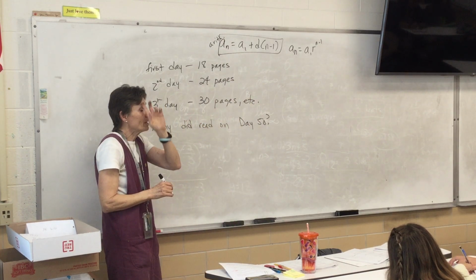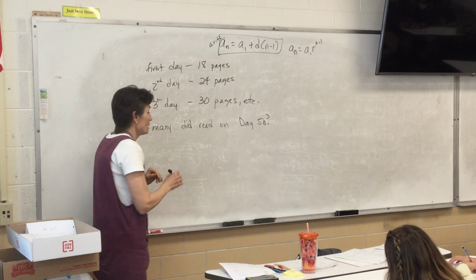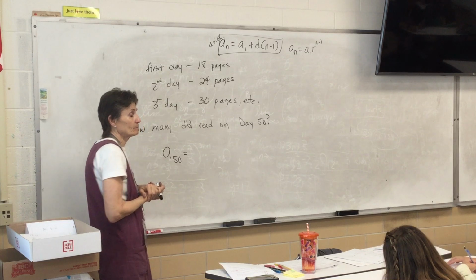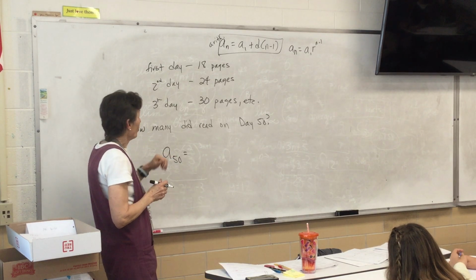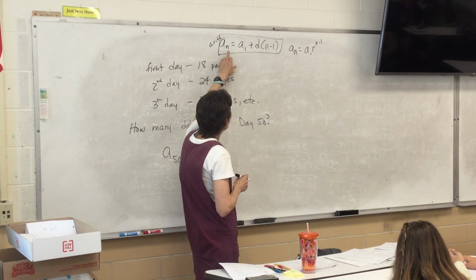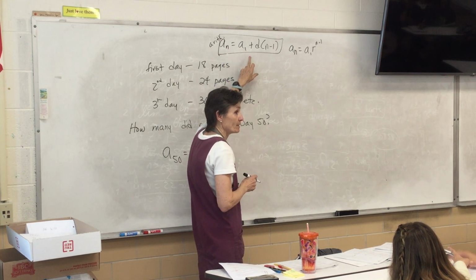Now, we want the 50th term. We want A sub 50. According to the formula, A sub 50 will be A sub 1, which is what?